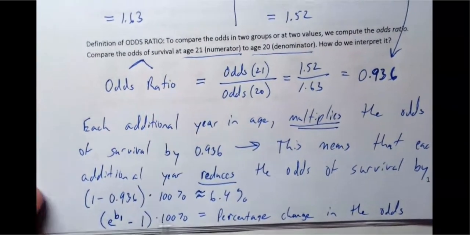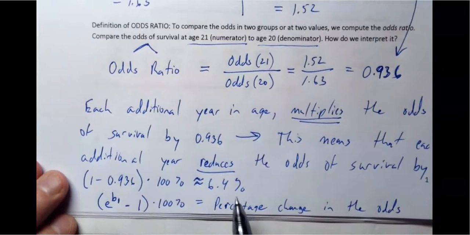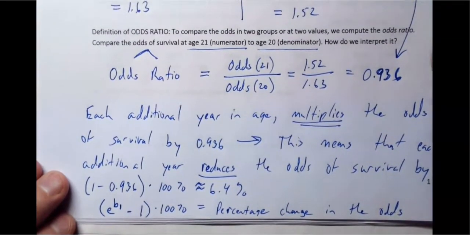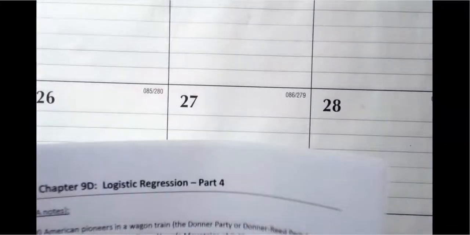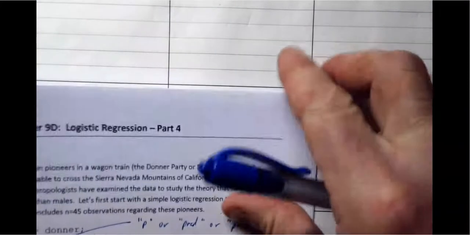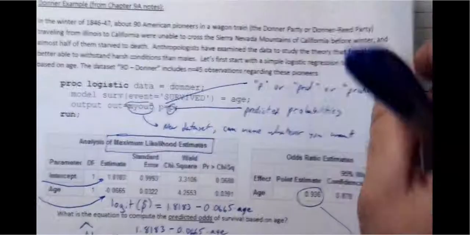So if I flip this around, I would get a negative 6.4%, which means that the odds are reduced for every additional year of age. So hopefully that makes sense.